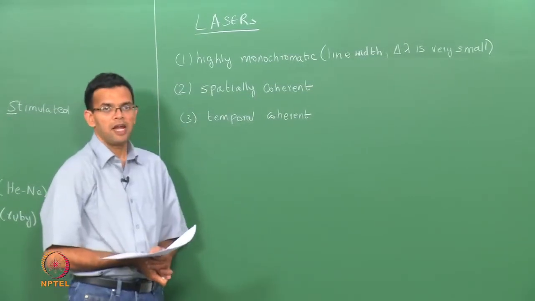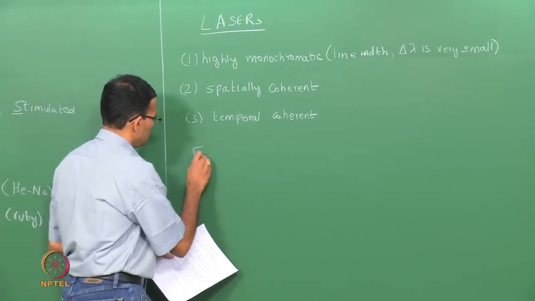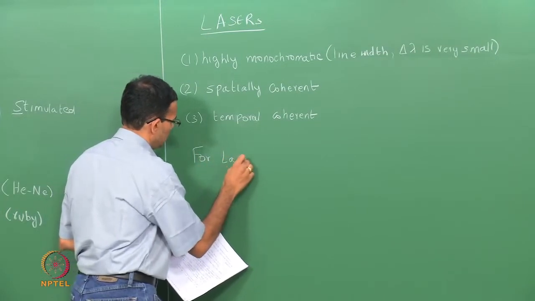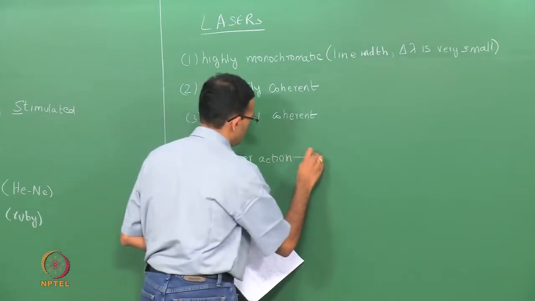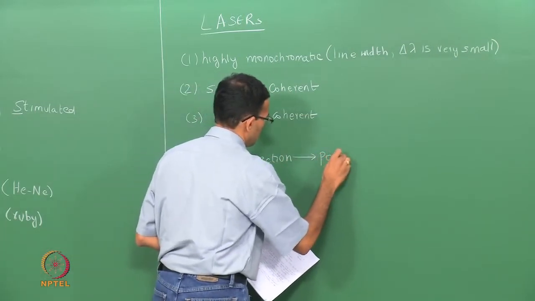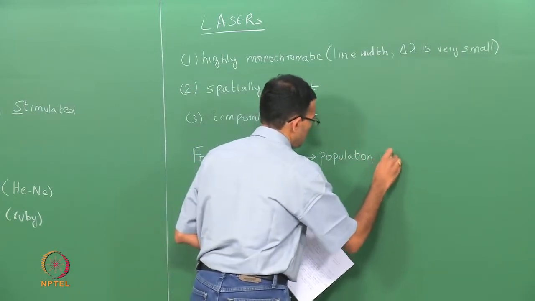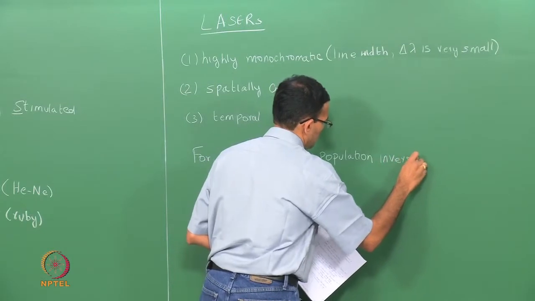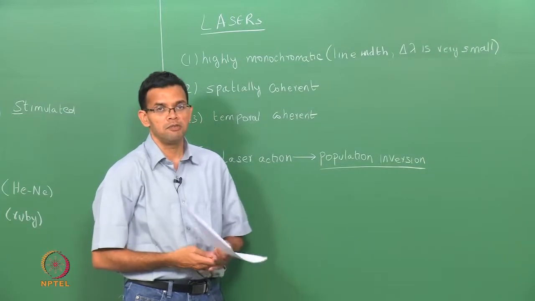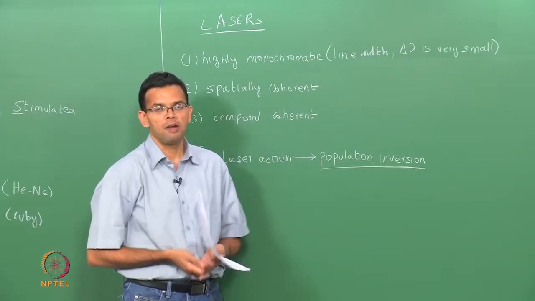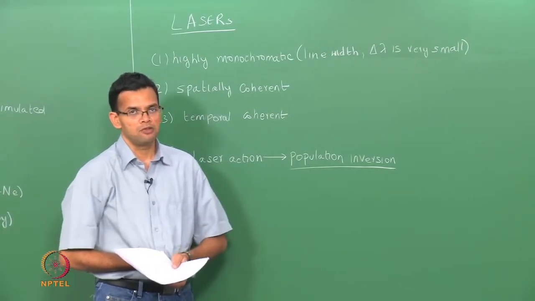For laser, the primary thing we need is population inversion. What population inversion means is that we must have more number of particles in the excited state as compared to the ground state.